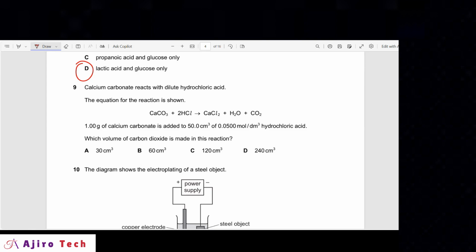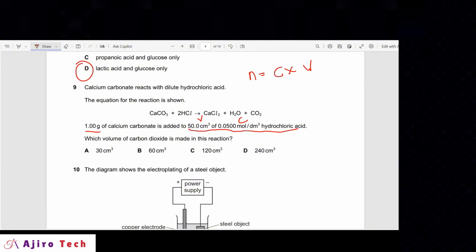We don't have much information about calcium carbonate, but we have more information about the acid, so we dwell more on the acid. First is to get the number of moles of the acid, since we have the concentration and the volume. As expected, we have to convert the volume. The formula that links them up is that n, the number of moles, is C times V.